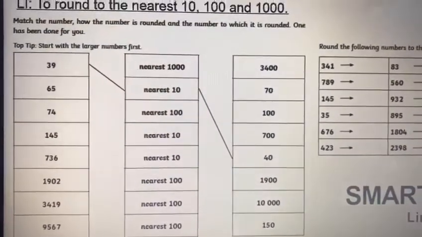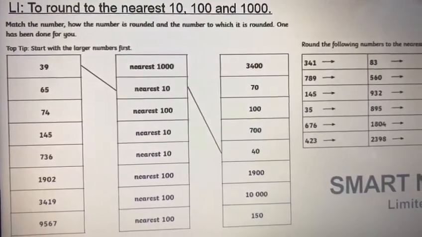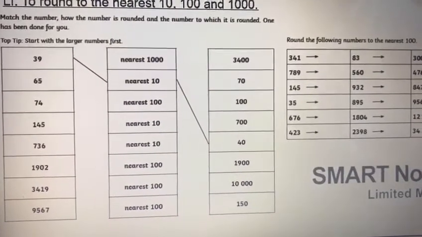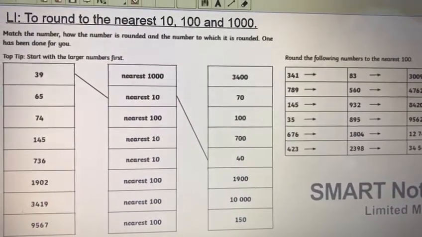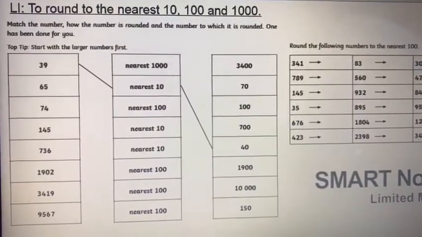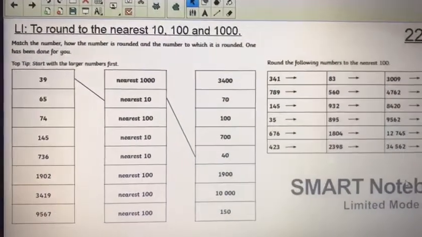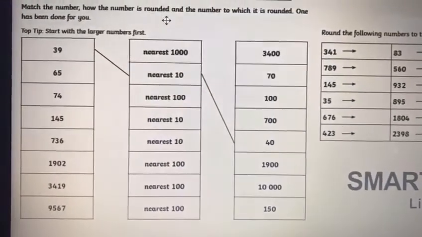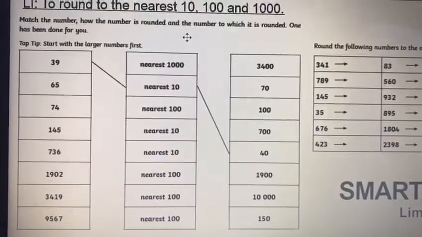So now that we've done this, I want you to pause the video and write the short date and the LI to round to the nearest tens, hundreds and thousands on your piece of paper, and then you can continue with the following activities. So over here, you match the number, how it is rounded, and the number to which it is rounded.